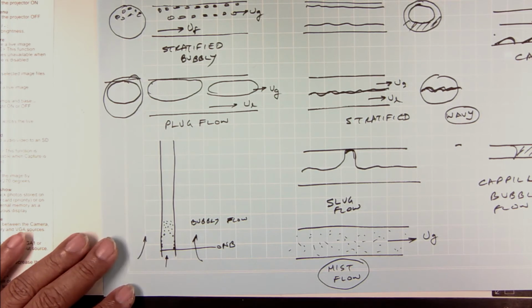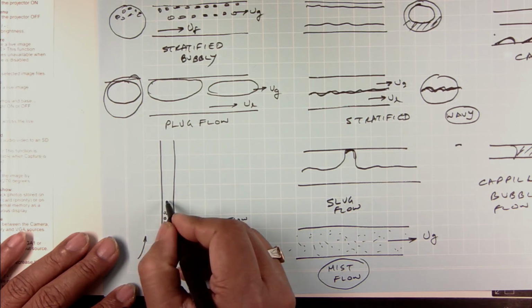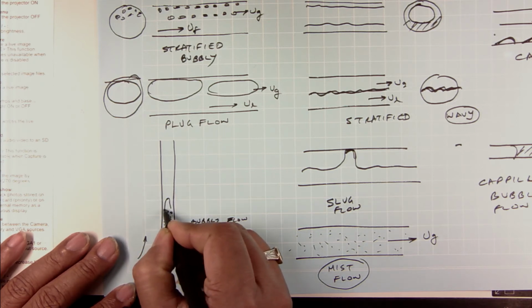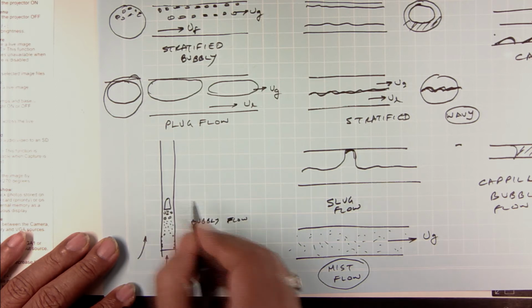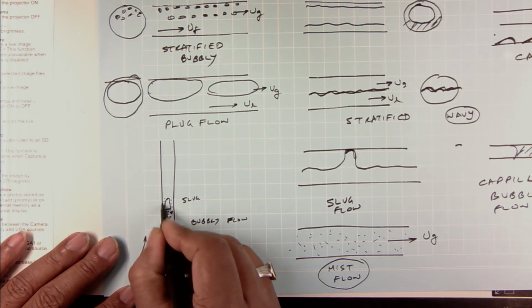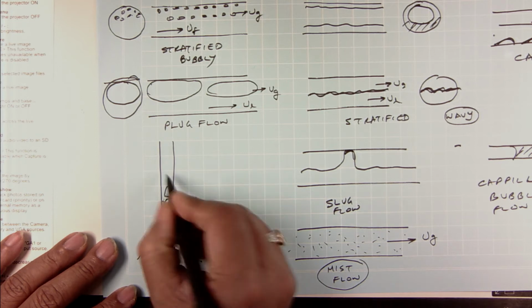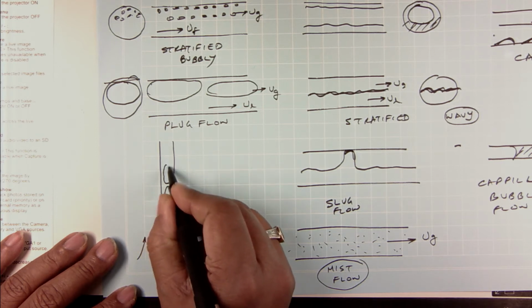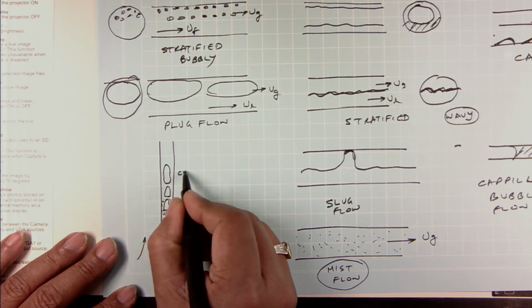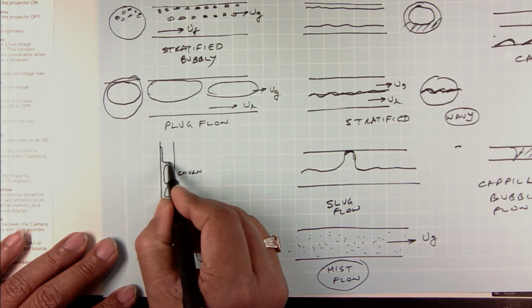And so, this is where I have onset of nucleate boiling, ONB, right. And then eventually the bubbles are going to coalesce, and they are going to form bigger bubbles. Okay. And these bigger bubbles are going to join, and they are going to form bubbles that are of the same size as the diameter of your tube, and that happens to be your slug flow. And you do not have pure slug flow, you have a little bit of small bubbles also with your slug flow, and then two of these slugs will join up together and form a big churn, and so that is your churn flow, and then eventually you will form an annular flow.